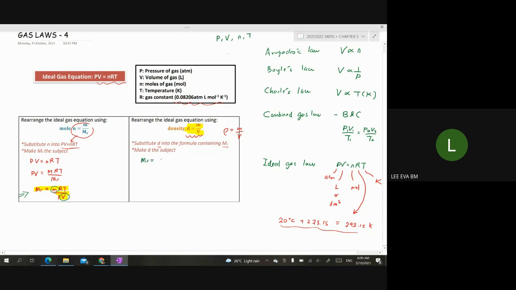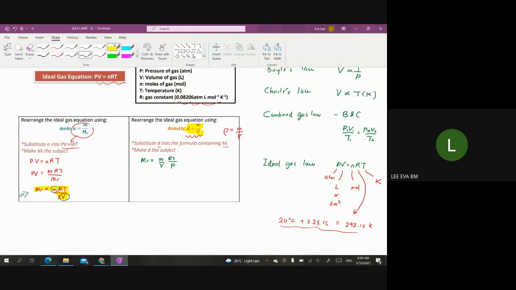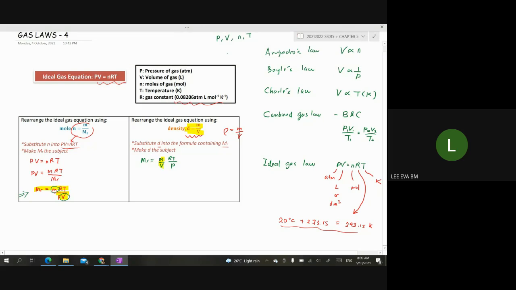Molar mass equals to m over V, and then we have RT over P. Whenever you see here, we have already got our density, isn't it? So we just substitute the symbol of D into your formula. So equals to dRT over P: density, gas constant, temperature over pressure.